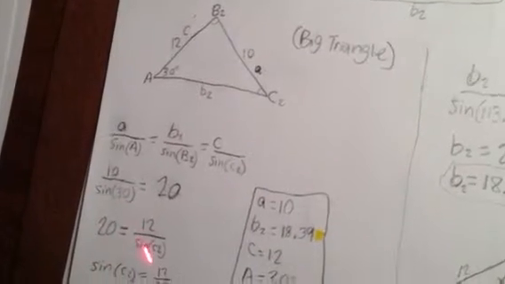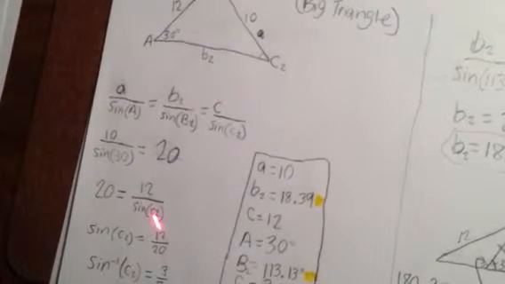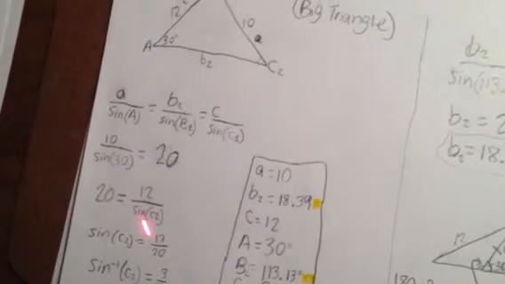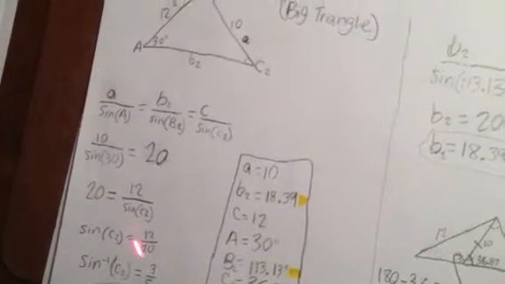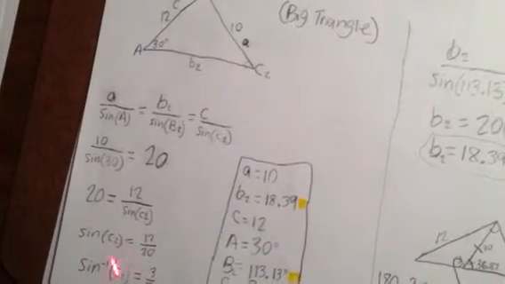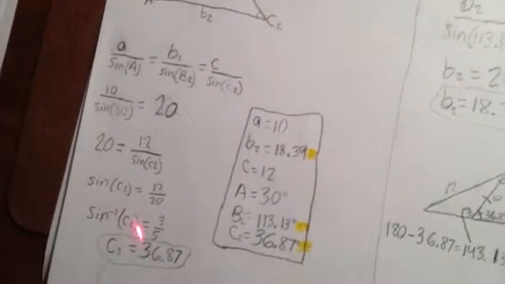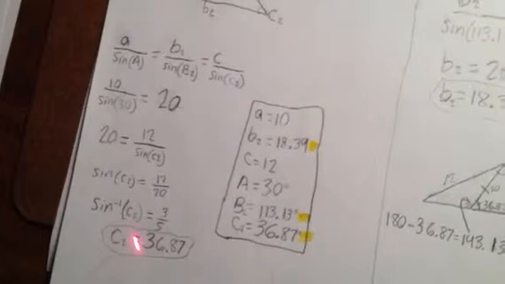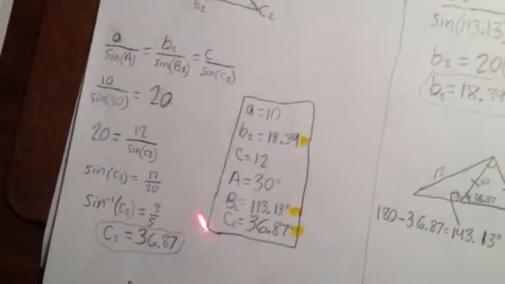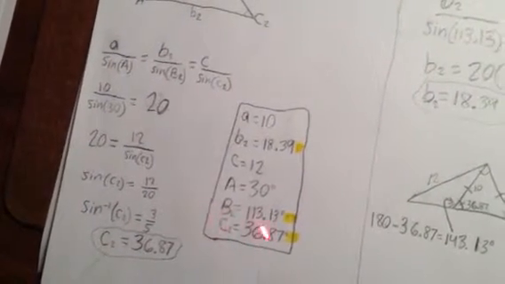I use that to find the variable of C, and I'm actually finding an angle of C in this case since it's on the bottom. And I'm going to use SOHCAHTOA to find the value of C, and that is the angle right here, C2.